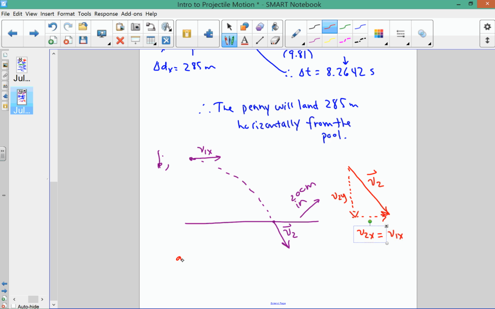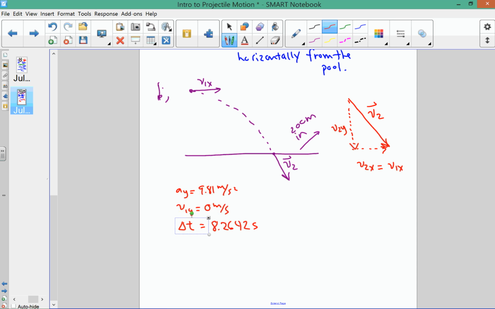So if we're given an acceleration of 9.81 meters per second squared, we're given an initial velocity of 0 meters per second, and we also know that the total time it's in the air, we're talking about a penny still, is 8.2642 seconds. We have enough information to solve for v2 in the y direction. v2y is equal to v1y plus acceleration times time.